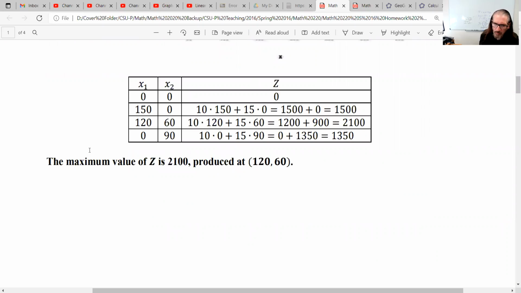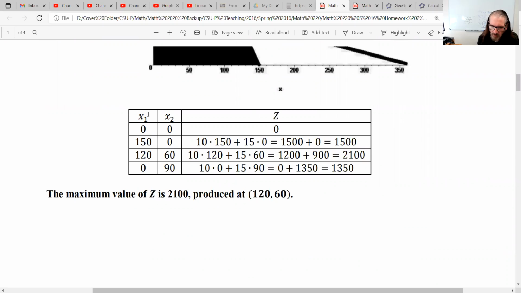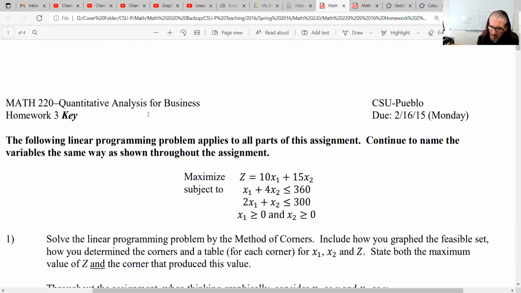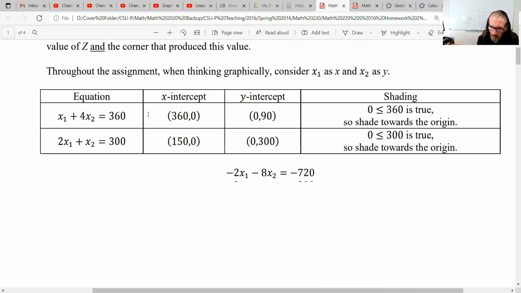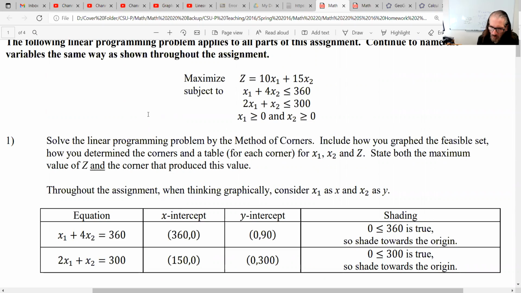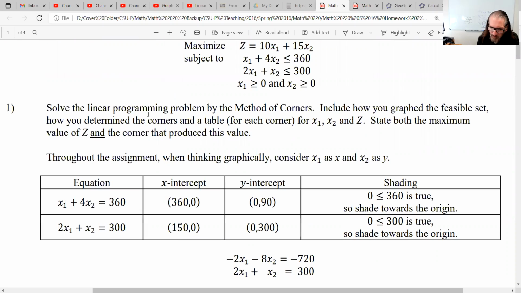So if we look at what happens when we plug in the 4 corner points of our feasible region, plugging that into Z, remember that Z was 10x sub 1 plus 15x sub 2. So 10x sub 1 plus 15x sub 2.